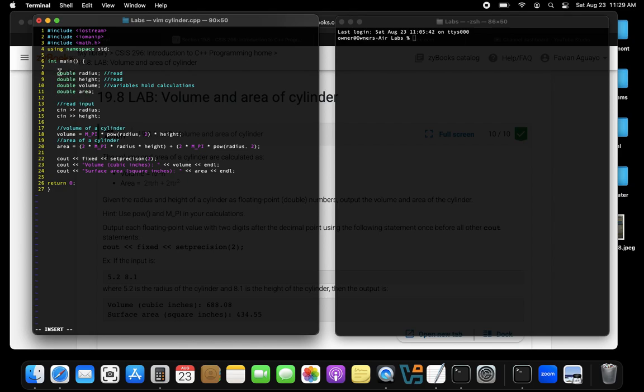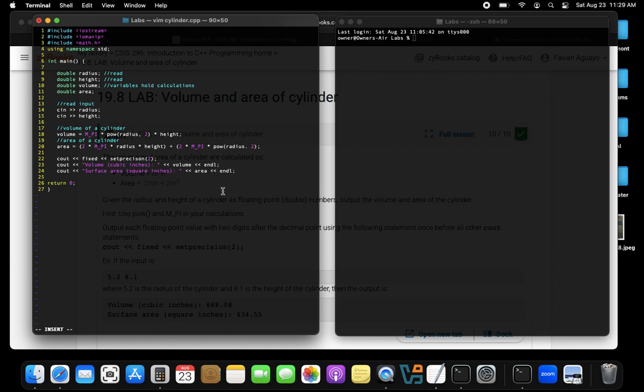Our variables are type double, which holds decimal points. Radius and height, we're going to read from the keyboard. Volume and area are going to hold our calculations. And then finally, we print, showing 2 digits after the decimal place. And we print our string, and then the answer to our equations here.